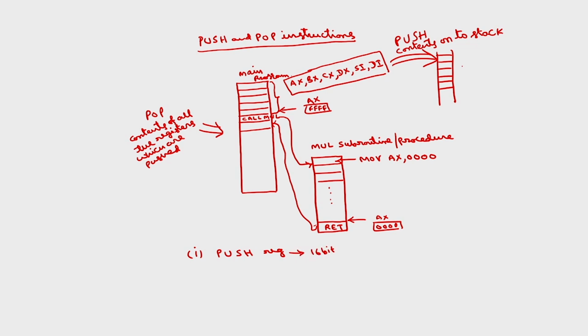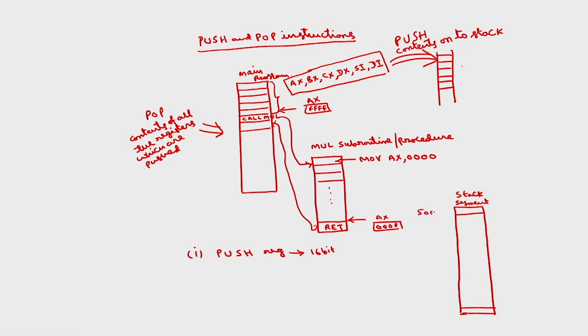Now, here I am going to assume some stack locations. This is the stack pointer, this is the stack, this is the stack segment. Let us assume that I have used 64 kilobytes of stack.